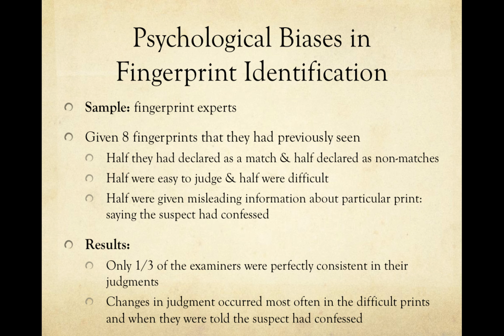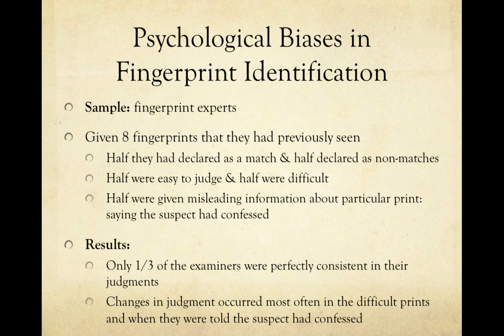Only 1/3 of the examiners were perfectly consistent in their judgments. So, they said exactly what they had said before. That means that 2/3 of the examiners, a majority, gave inconsistent results with these determinations.